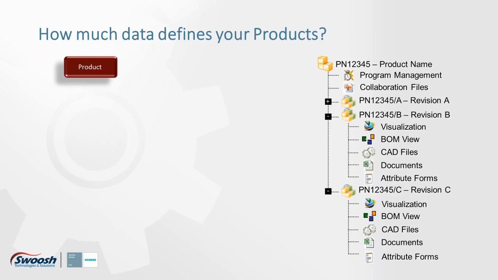It'll be there forever until it gets obsoleted, deleted, or obliterated from the database. But all the information that's locked into item revision B will stay with item revision B. Any new data that's changed and revised will stay with item revision C.